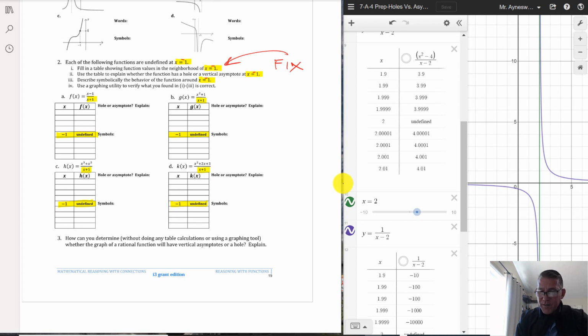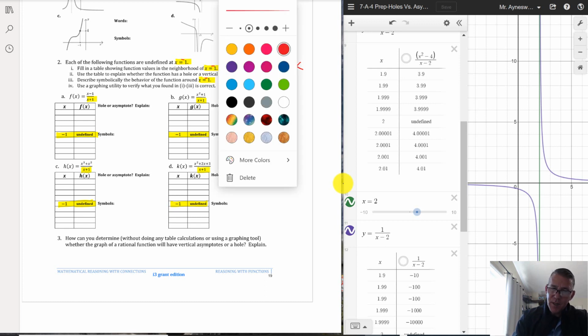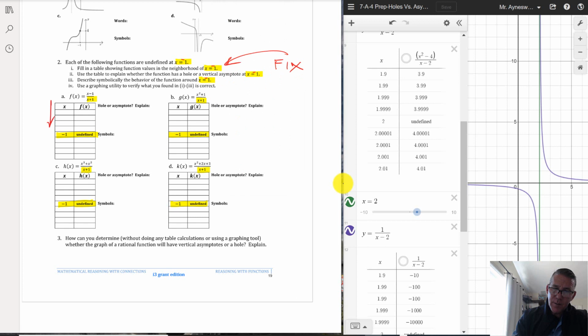The domains for all these functions are all reals except -1. You're going to get really, really close to that undefined point from the left and from the right. So this one is going to be from the left, and this one here is going to be from the right.